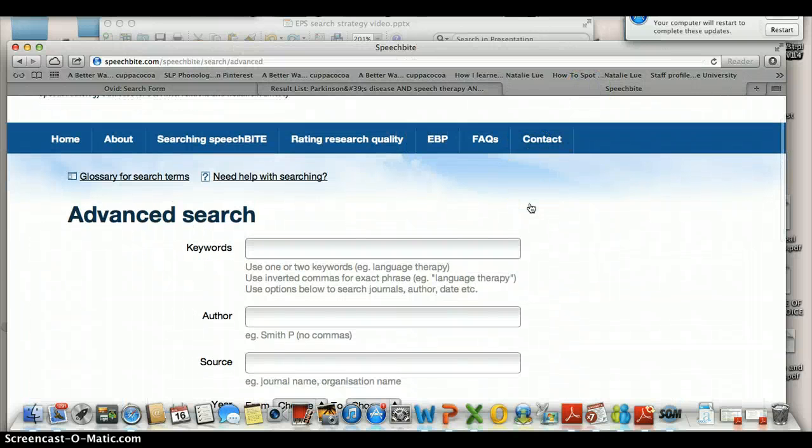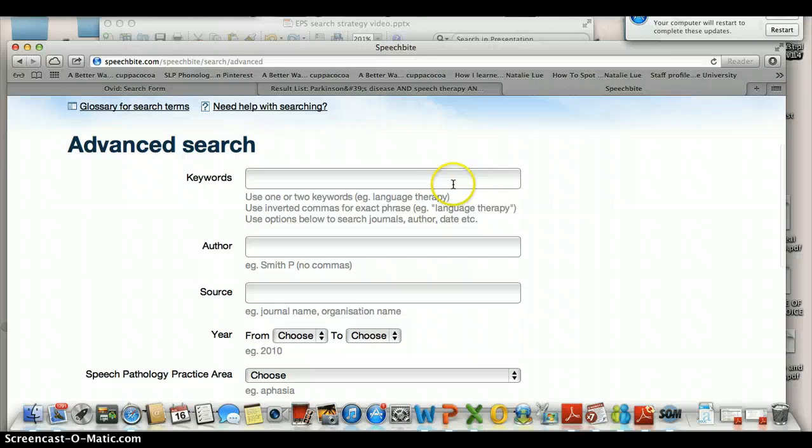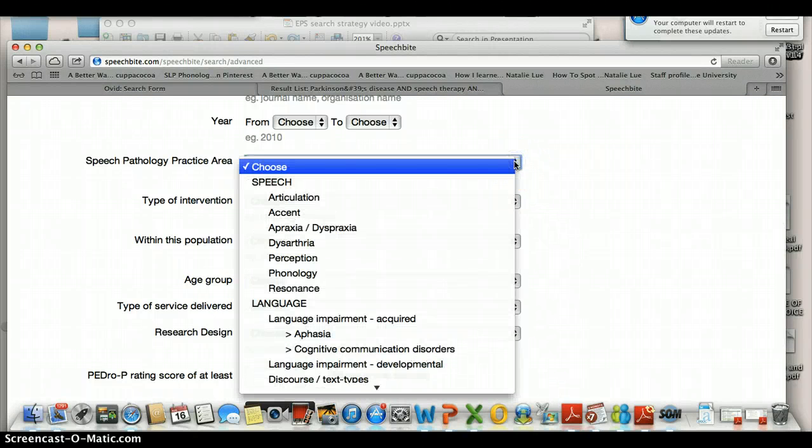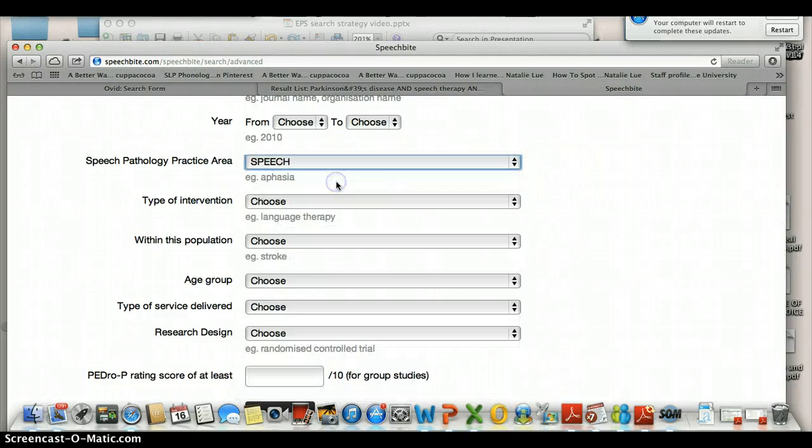Also in SpeechBite, you can go to advanced search. Look at Parkinson's disease, speech pathology area. Looked at speech, and that covers all parts of speech.